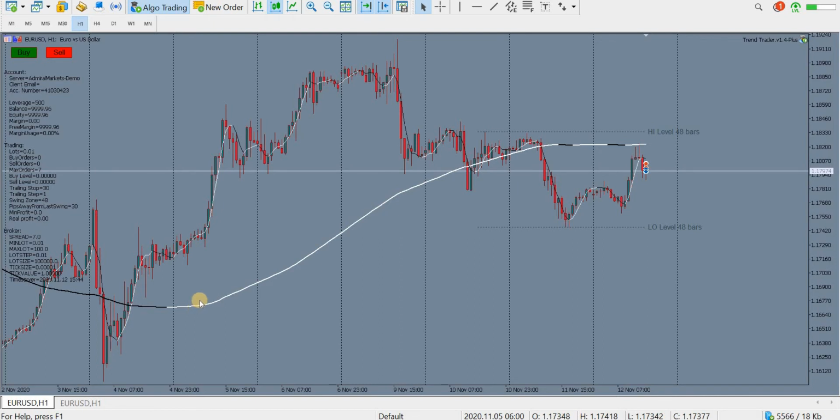With these settings at least, we have an up color, which is white, and a down color, which is black. White means uptrend, black means downtrend. And the same with the signal line. When it creates this swing, price goes down, it's black, price goes up, it's white.